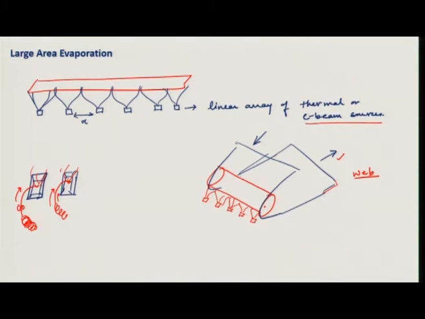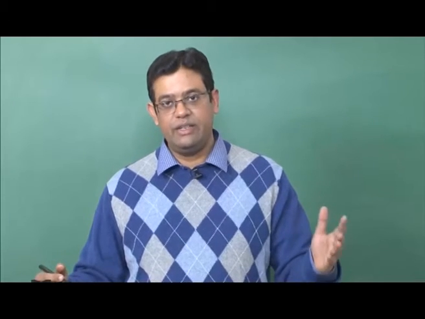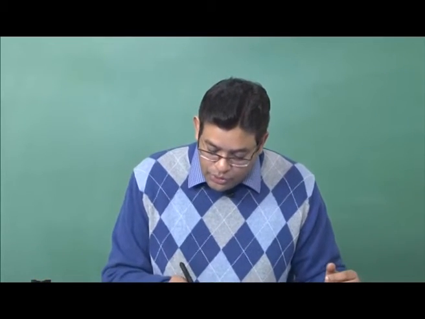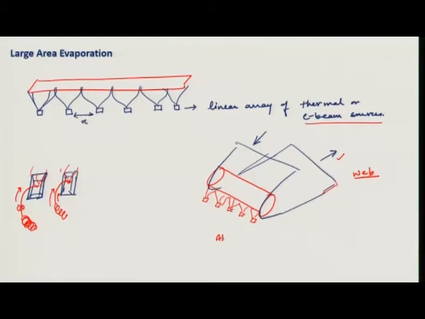Okay. Not only that, suppose you want to deposit aluminum oxide. We know that aluminum can be melted at a lower temperature. Aluminum oxide is a ceramic, you cannot melt it at below 2700 degrees C. So, what do you do? You use an aluminum source to evaporate aluminum, or a wire fed aluminum source, and you have some oxygen gas environment.